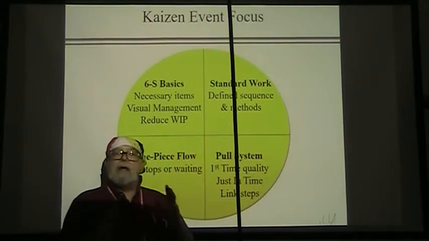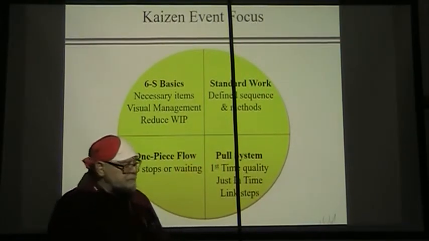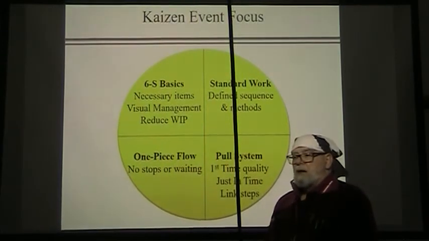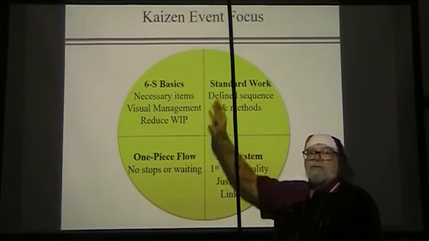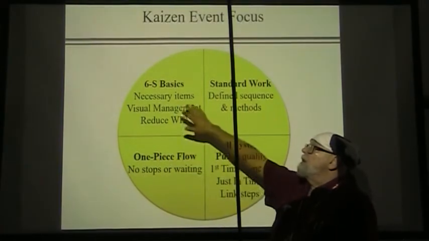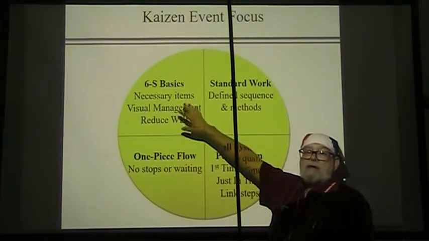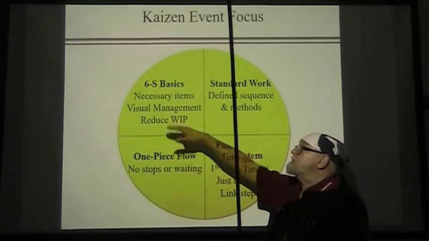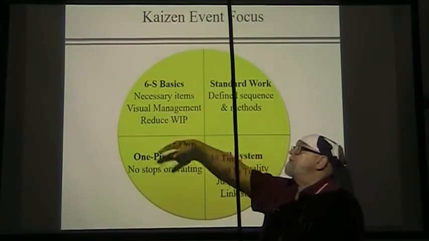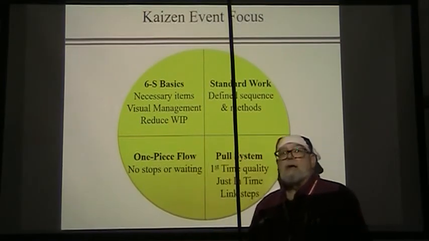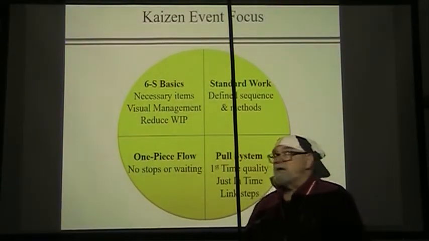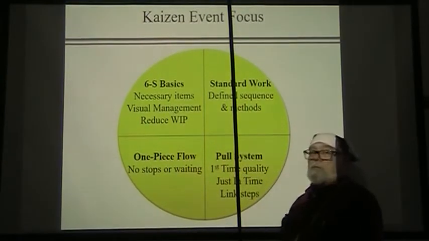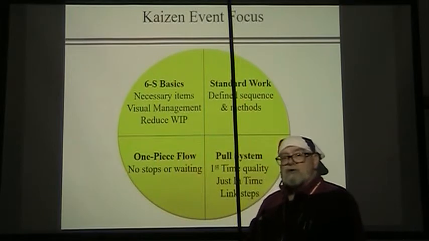All right, so when we have Kaizen events, very often what we do is we think of them as being one of these four. Our 6S bases, figuring out what are necessary items, putting in visual management, reducing the amount of work in process. Standard work, defining our sequence, our methods, how we do things.